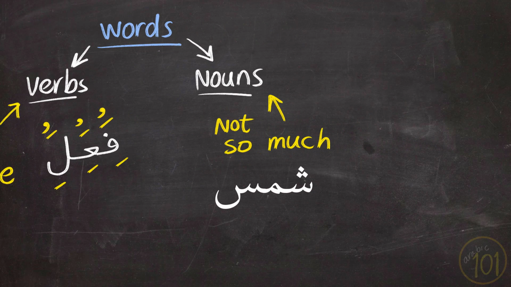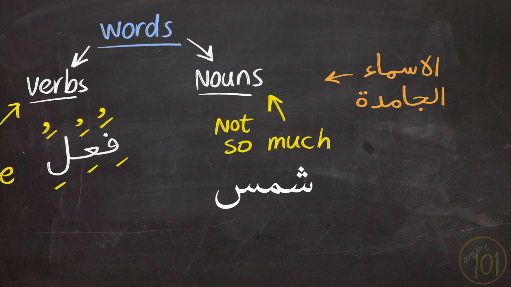And all of these nouns belong to what we call in Arabic الأسماء الجامدة, or in English, rigid nouns, which are not derived from a verb. So they will have a certain arrangement of tashkeel that will not be changed easily or not at all.